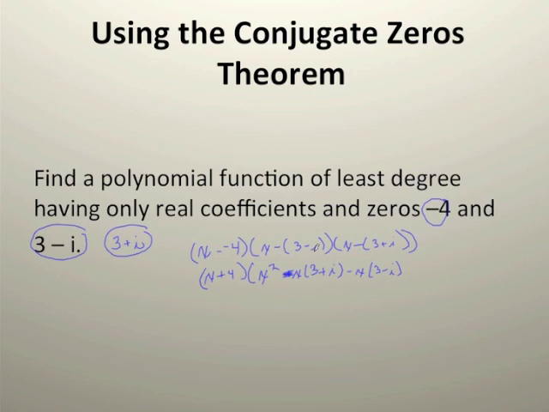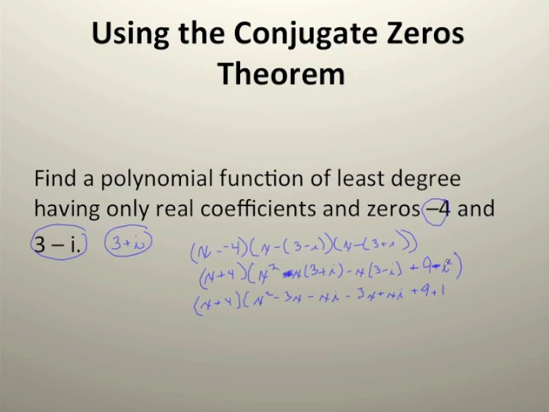And 3 minus i times 3 plus i is 9 plus i squared, 9 minus, sorry, i squared. Removing those parentheses: x squared minus 3x minus xi minus 3x plus xi plus 9 plus 1.